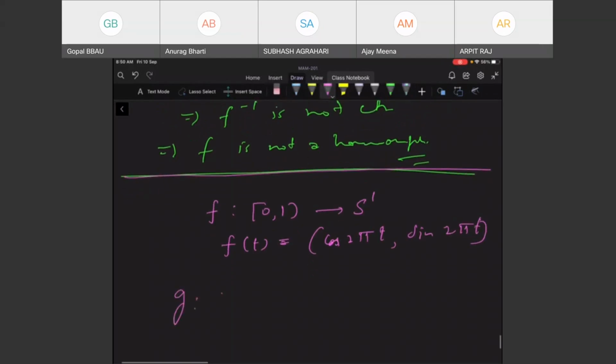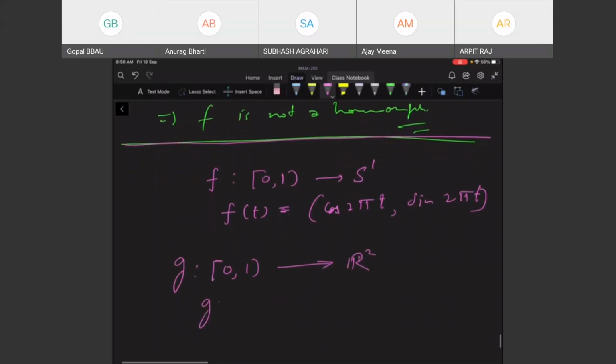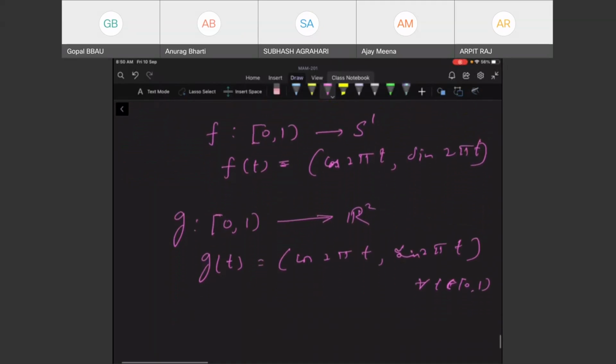Now let us expand its codomain and make it R2. So g(t) is (cos 2πt, sin 2πt), for all t in (0, 1). So the question is whether (0, 1) is embedded in R2. Answer is no. You know, so what is an embedding?